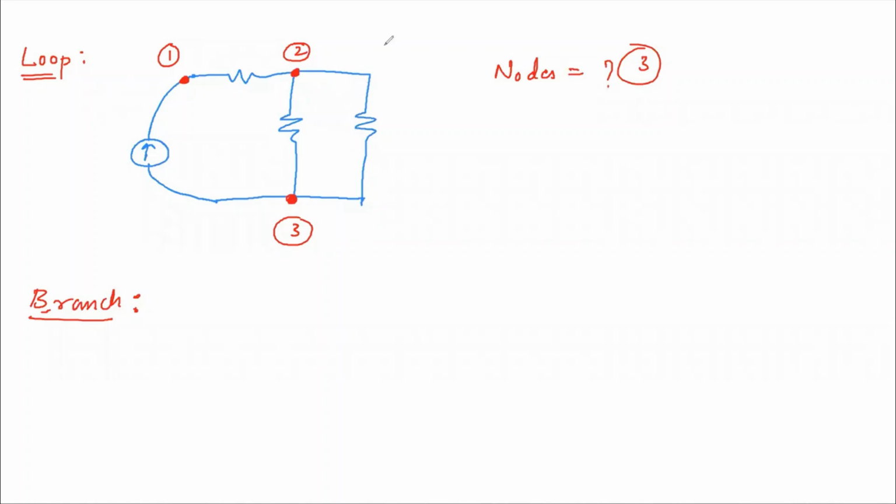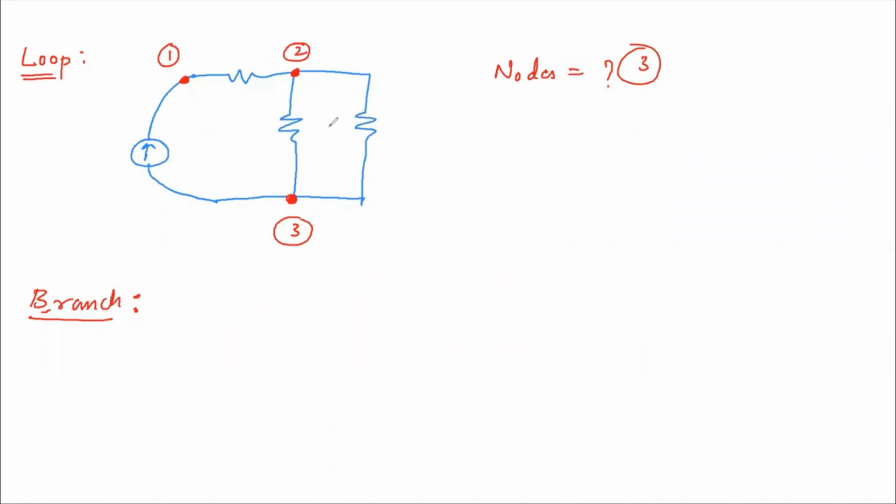It is a path which is composed of a simple element. It has to have a node at each end of the element.